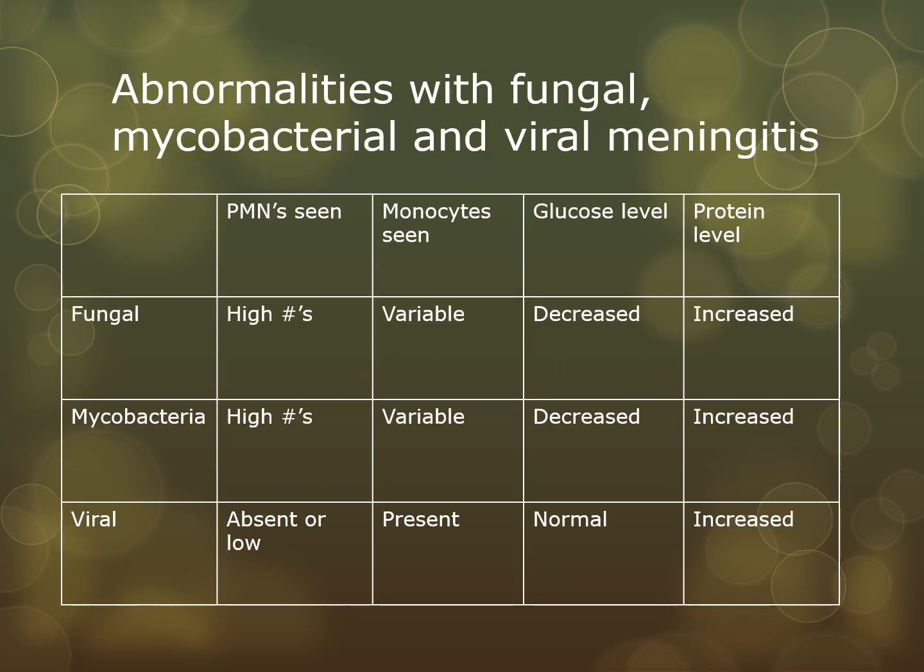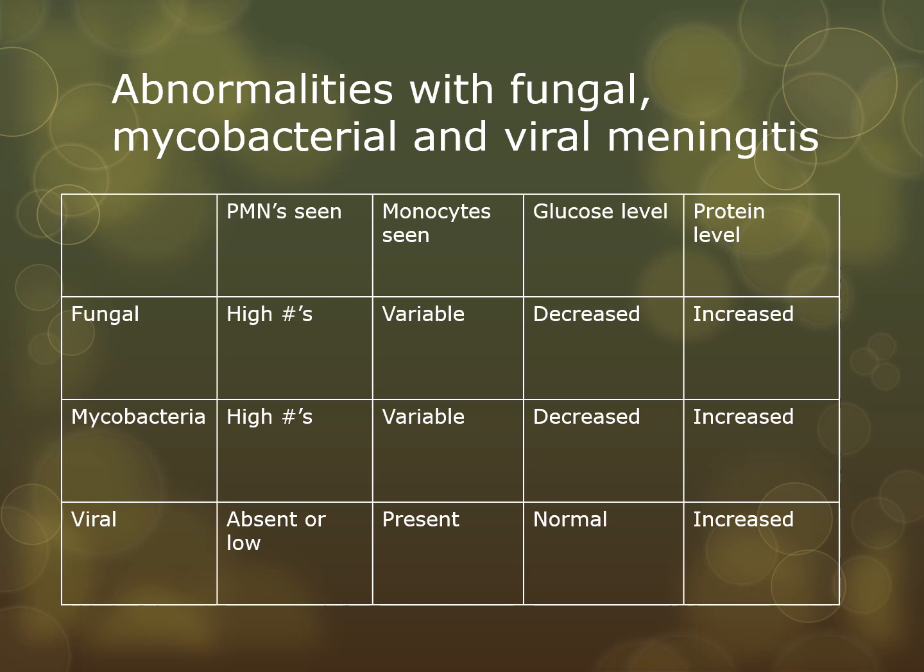There's a number of different abnormalities you're going to see in cerebrospinal fluid depending on if you have a fungal, mycobacterial, or viral meningitis. And I'll have you take a look at that slide here. But in the case of a fungal infection, the number of polymorphonuclear cells seen is going to be very high. And the same is true with mycobacterial infections. In the case of a viral infection, the number of polymorphonuclear cells are going to be absent or very low.